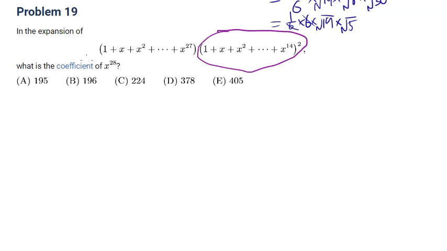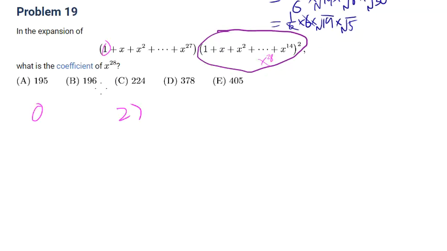There are a lot of combinations we can use to make x to the 28, first 0 and 28, and by 0 I mean x to the 0, which is this one over here. Yeah, there's an x to the 28 in here obviously, and we multiply this one.